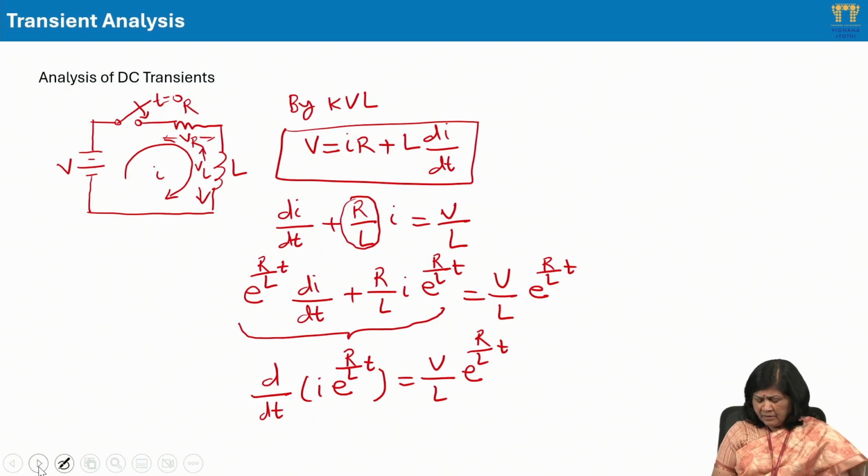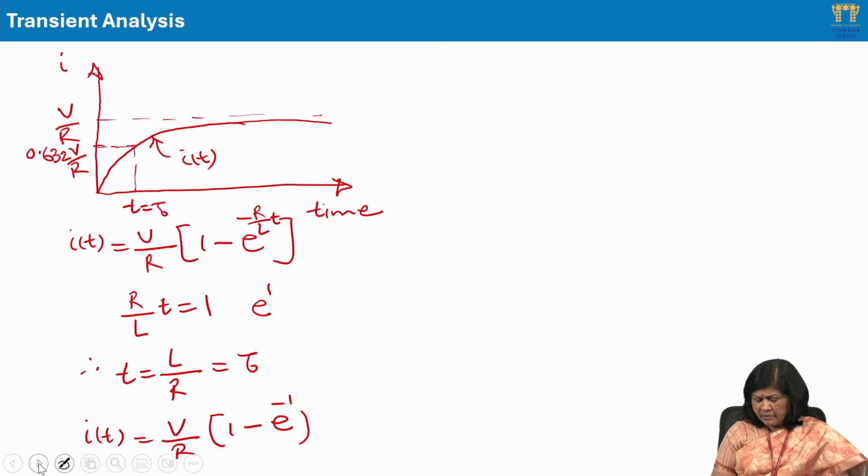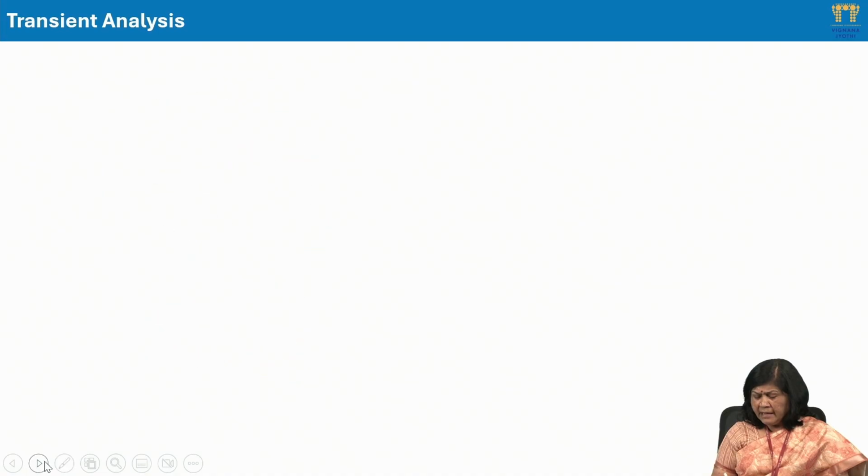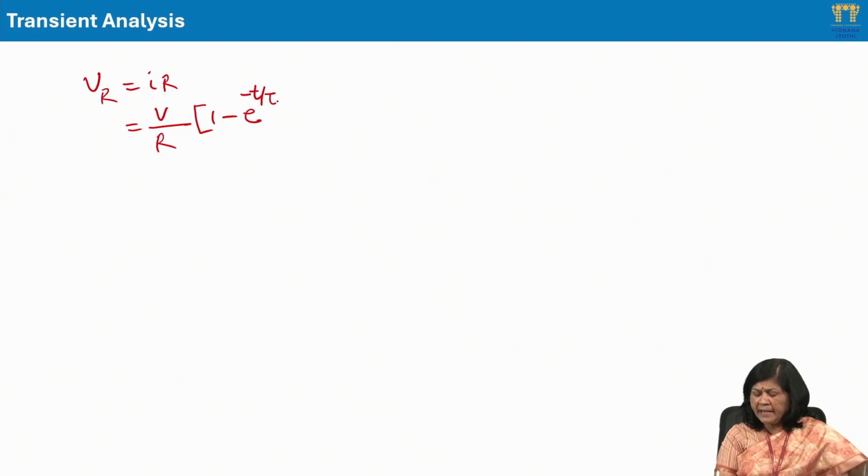So my VR is I into R. I have here V by R times (1 minus e to the power minus t by tau), and R multiplied with R gets cancelled.